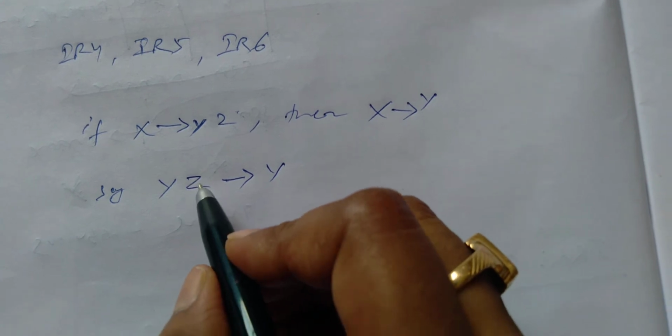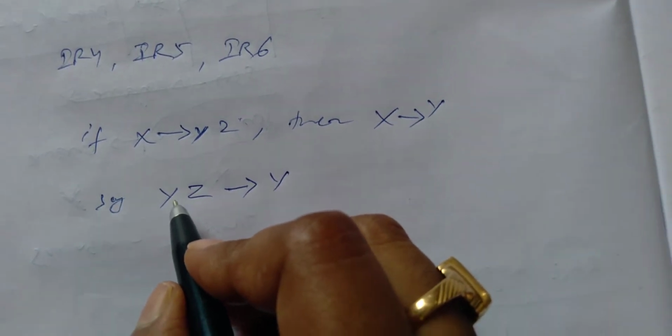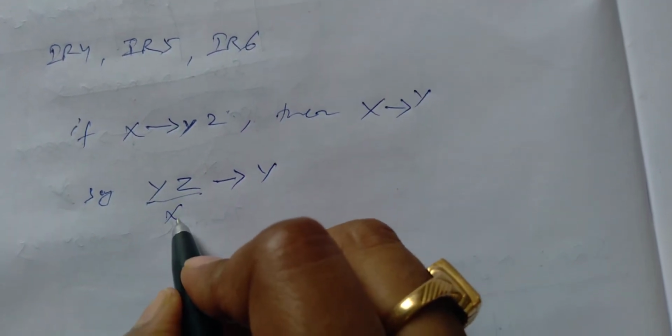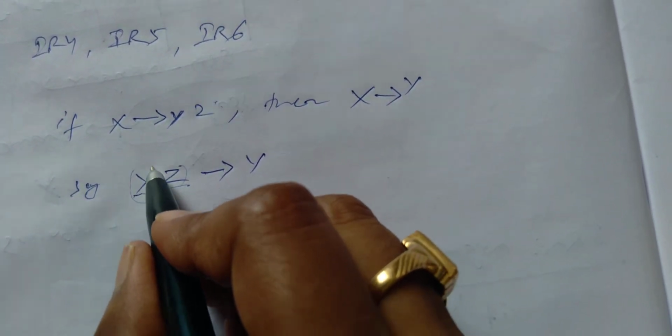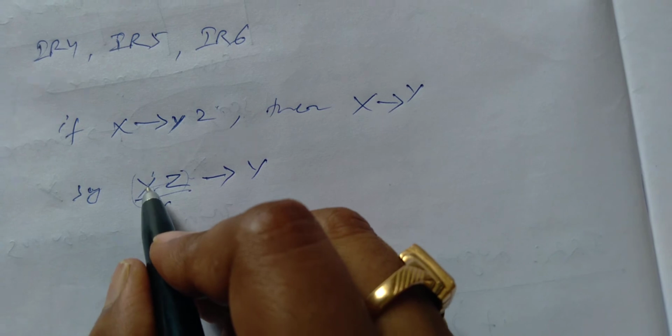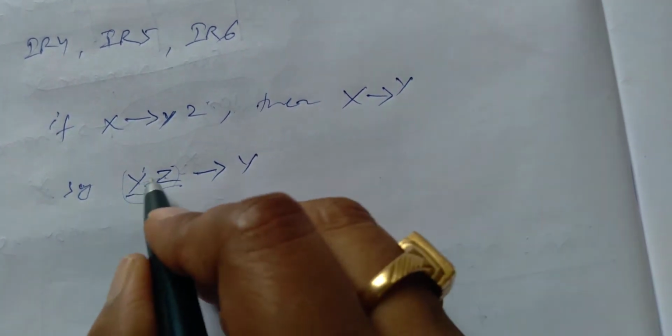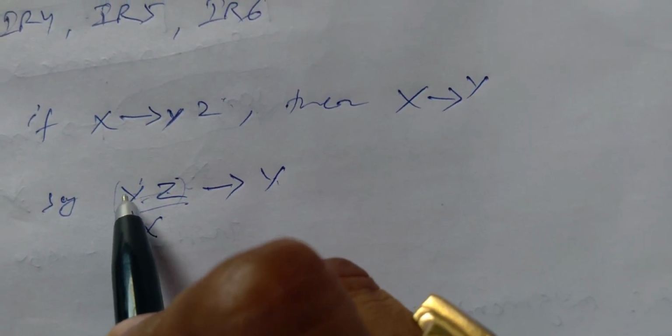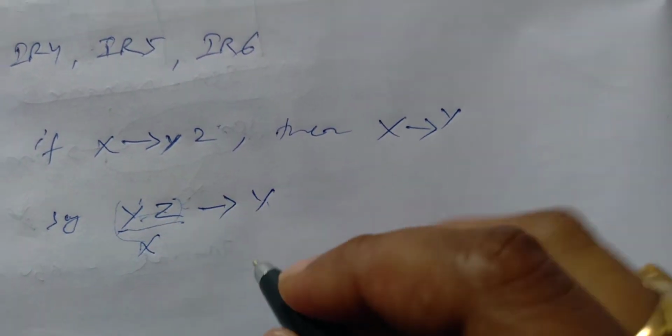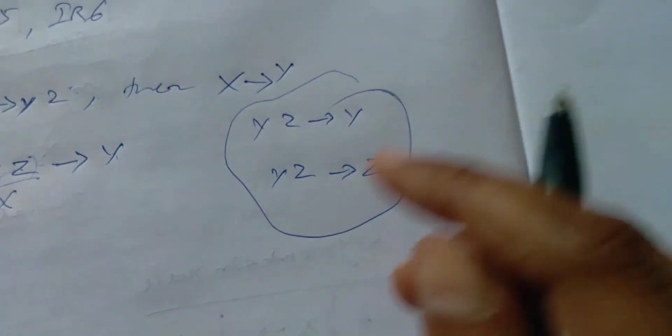Now use reflexive rule. Reflexive rule says that any part of this side, either it may be y or z, can be determined by this, because this is a subset. Y is a subset of yz, so yz can determine y, yz can determine z. This will be true as per the reflexive rule.